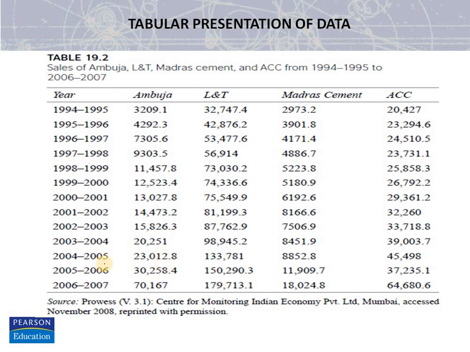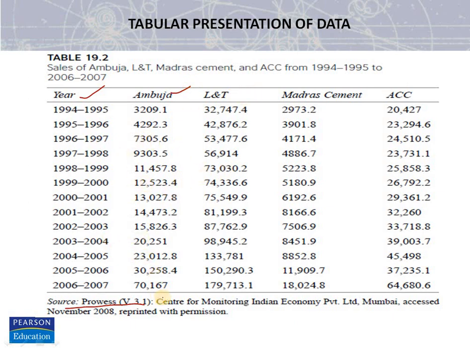If you see, it is well defined, with the source. Like this data I have taken from a business research method textbook written by Dr. Naval Vajpayee. This data is well defined, which includes year, company's name and details.